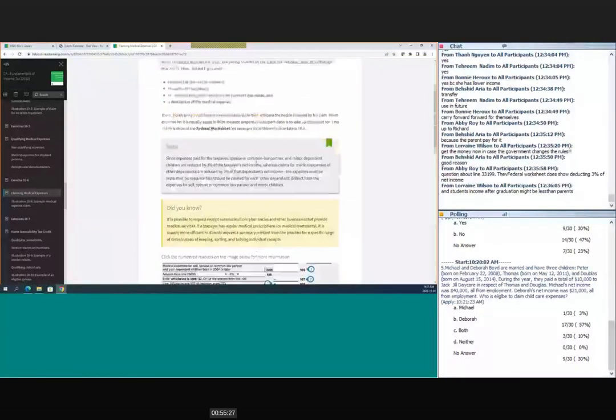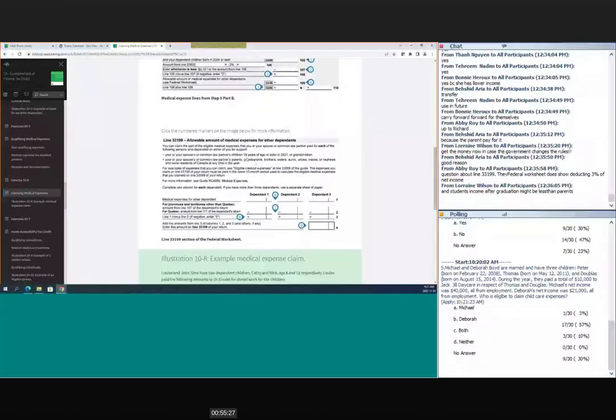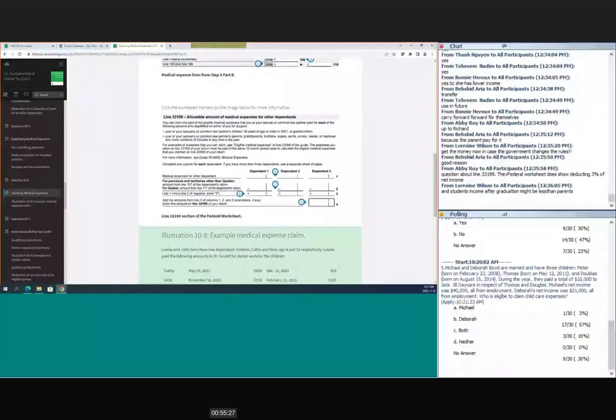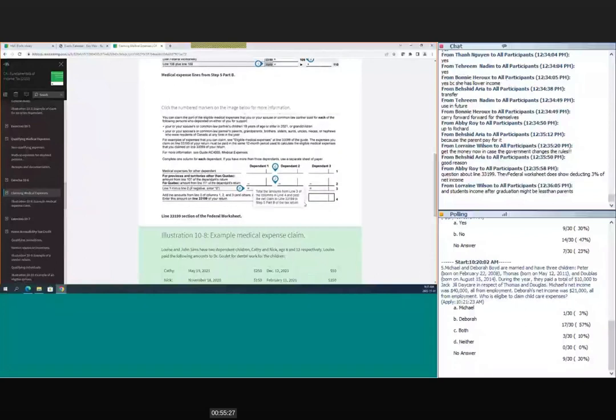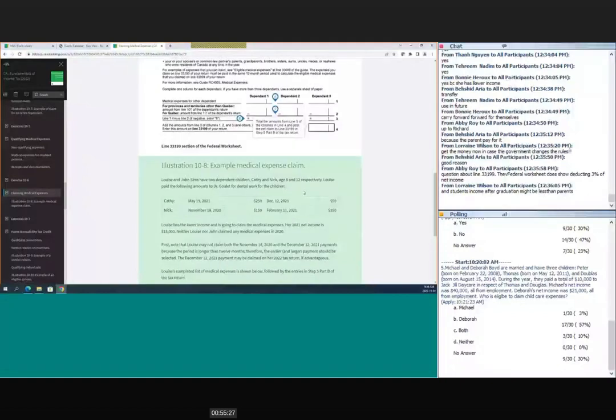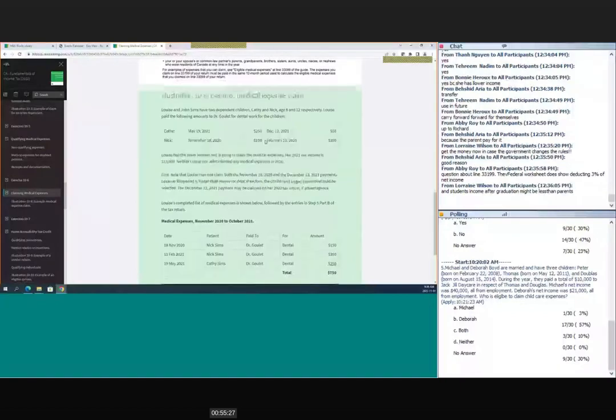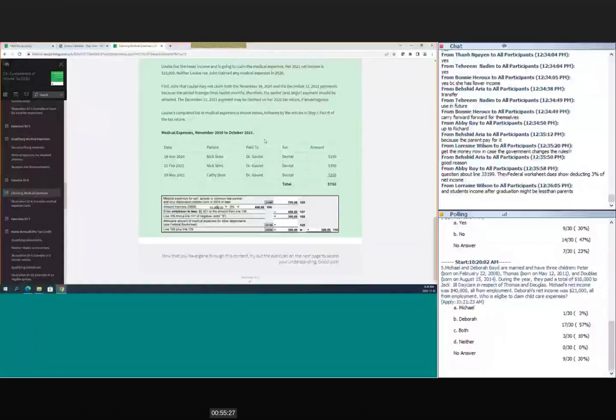It says here, if you go to this part here, line 33199, what does it say here? So the worksheet is just for what the claim is. But what does it say here?